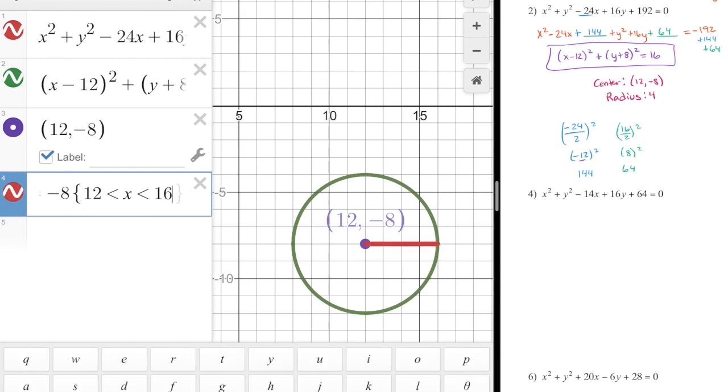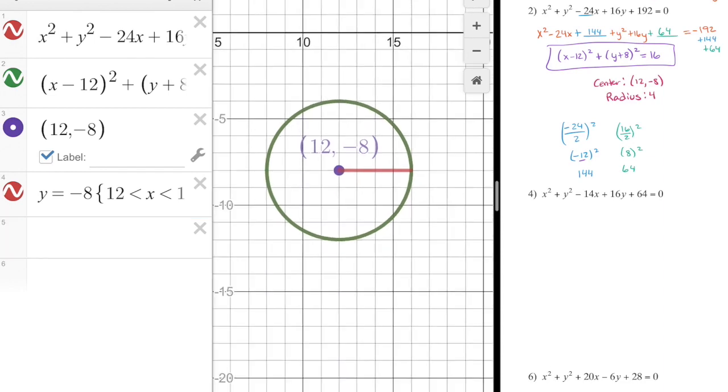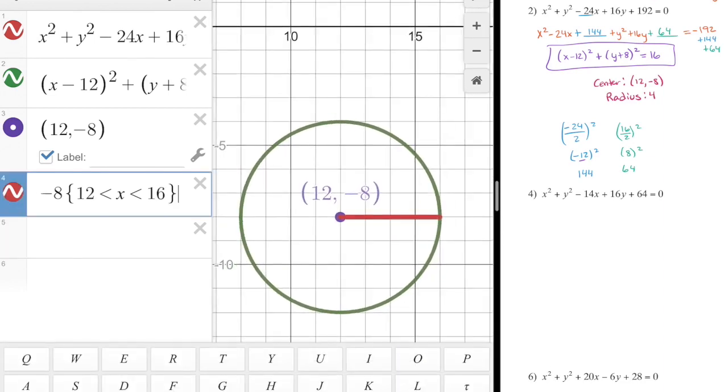I just put a bracket on it. There we go. And that shows between 12 and 16, that is a difference of 4, and that's what I just graphed for you to see.